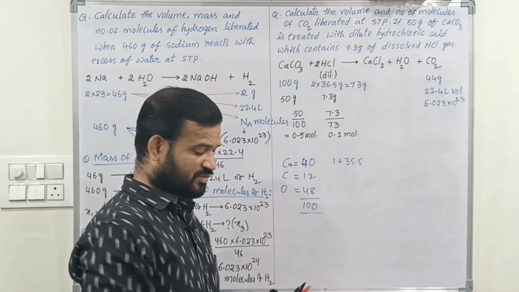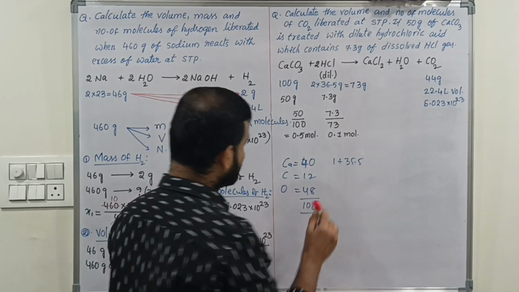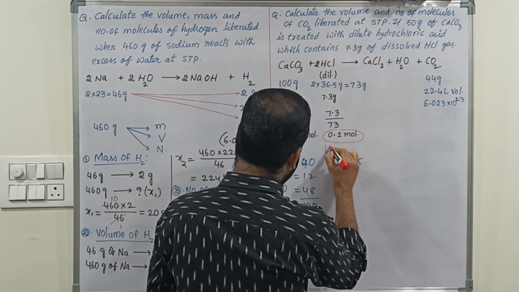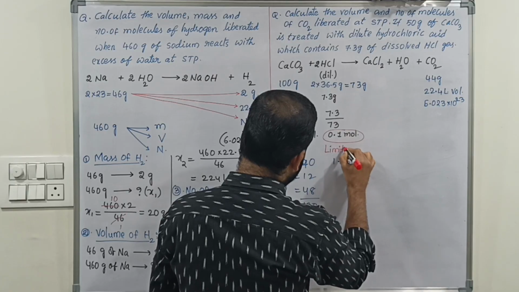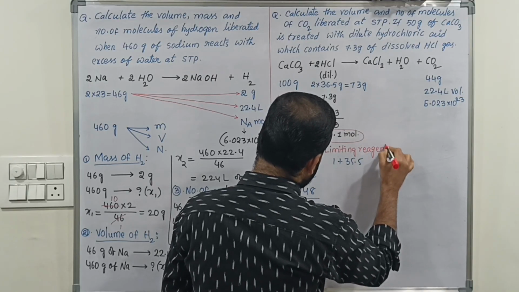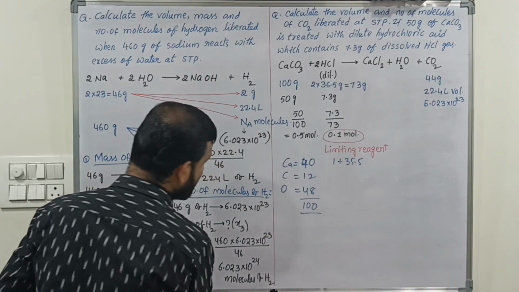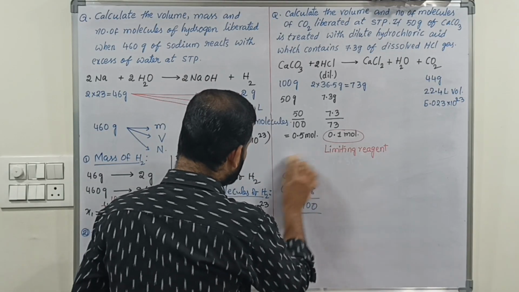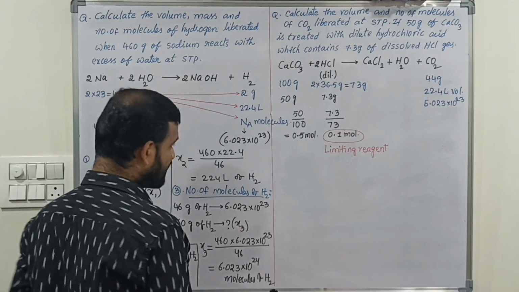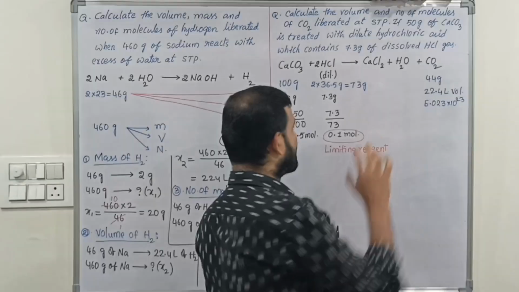HCl is the limiting reagent. Understand? So here we have to compare only the limiting reagent and carbon dioxide gas only.